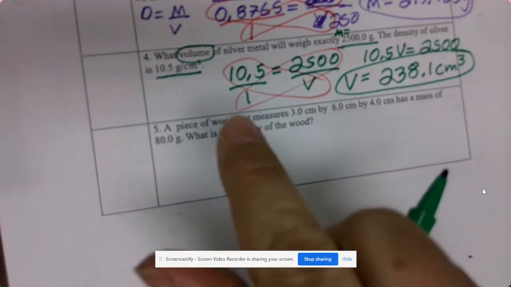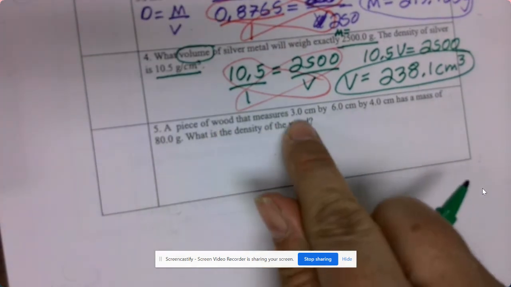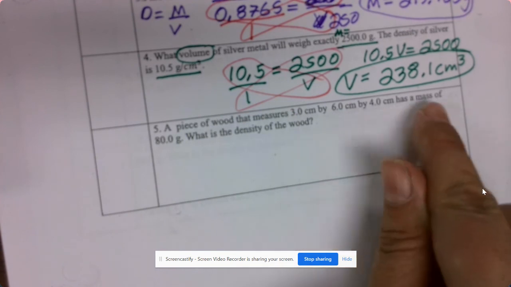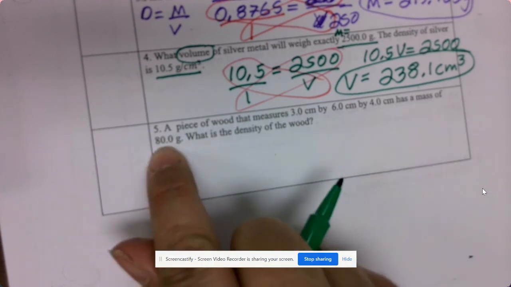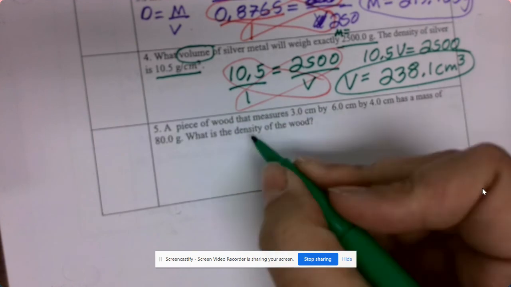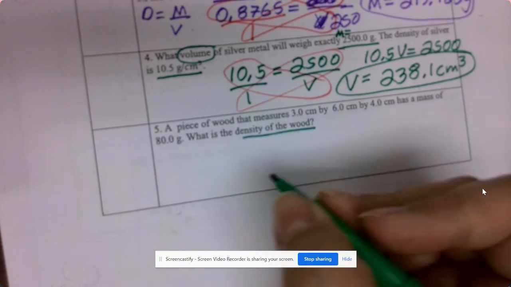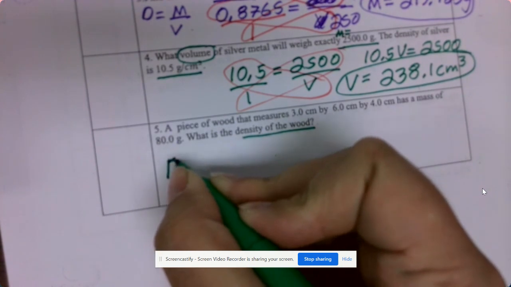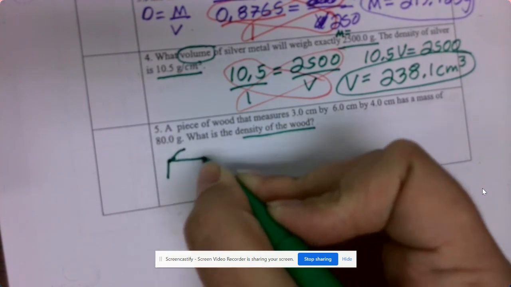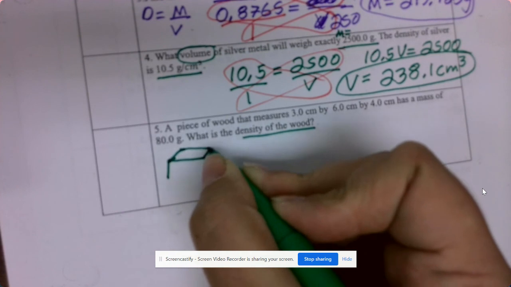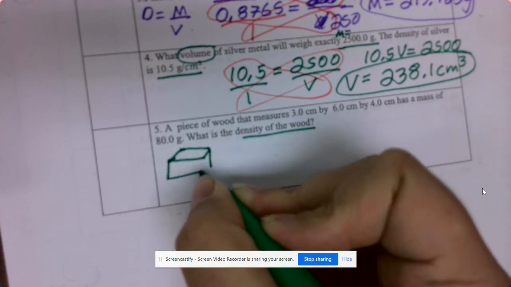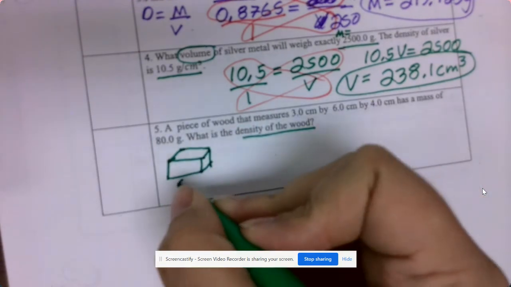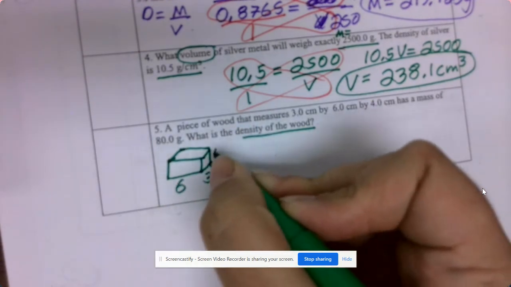A piece of wood that measures 3 centimeters by 6 centimeters by 4 centimeters has a mass of 80 grams. What's the density of the wood? It's 6 by 3, and the height is 4.